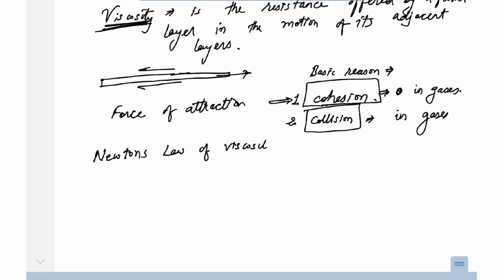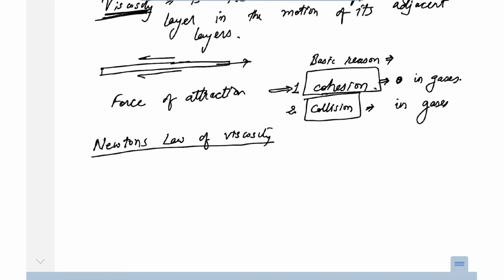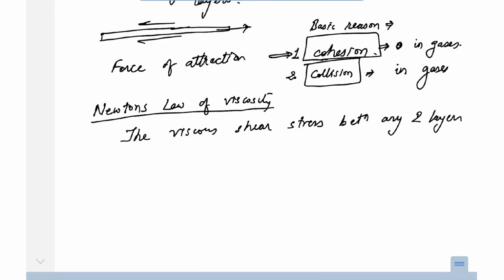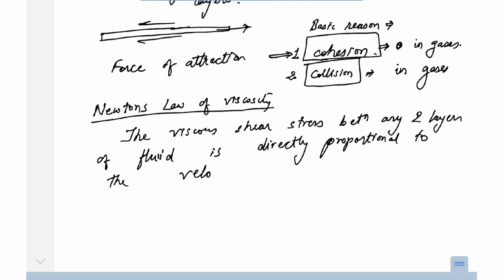First of all, writing down the basic statement of this law, this statement says that the viscous shear stress acting between any two layers of a fluid is directly proportional to the velocity gradient of those two layers.